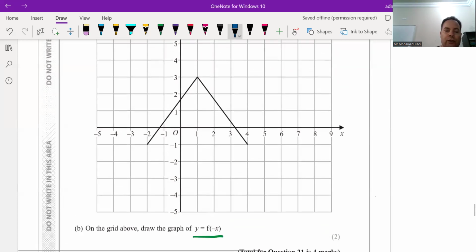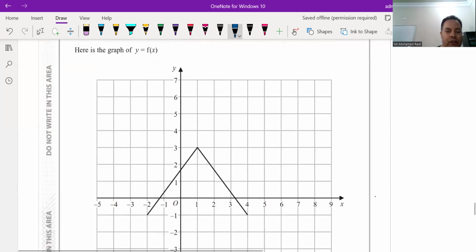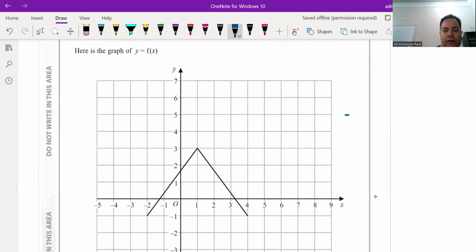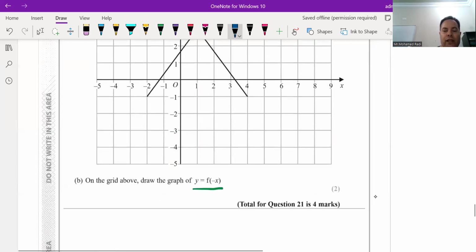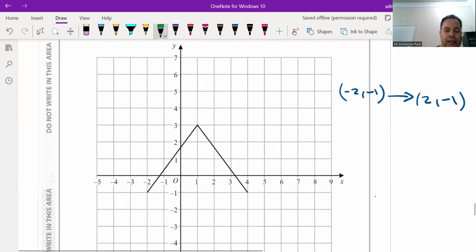It's easy to take this point, the same (-2, -1). Change the x coordinate by negative, it will be (2, -1). Plot this point, (2, -1).